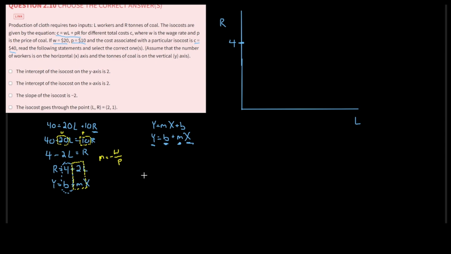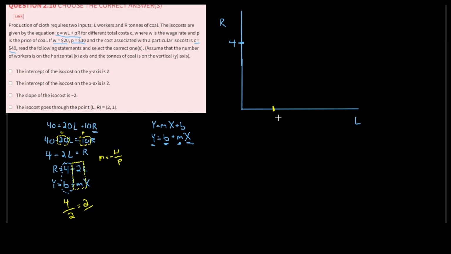One trick that we can use to get our corresponding horizontal intercept, that is where the line crosses the horizontal axis, what we can do is we can take the magnitude of the vertical divided by the magnitude of the slope. So 4 divided by 2, that's going to give us a value of 2.